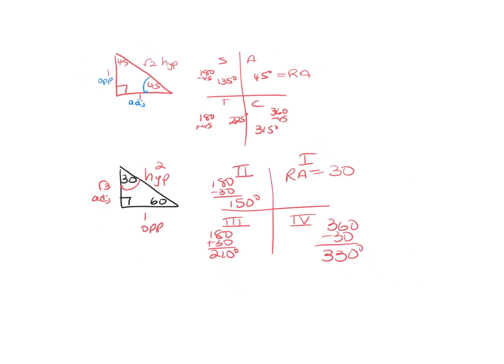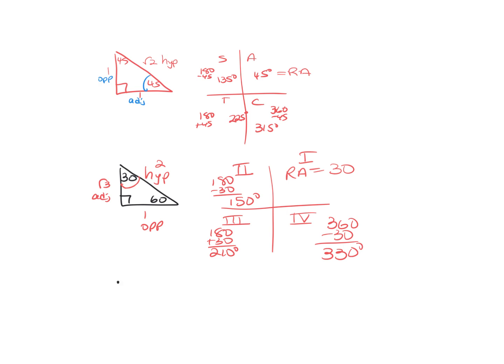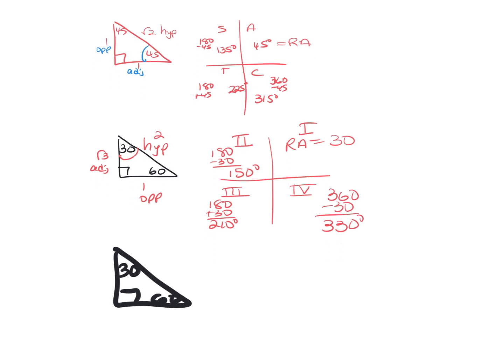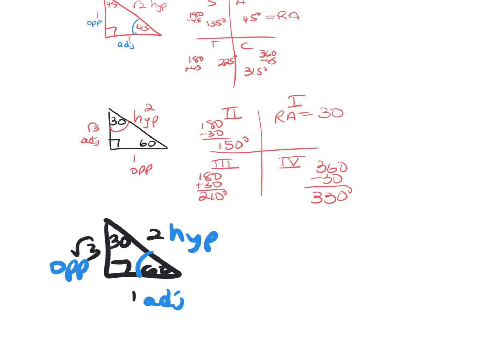Then let's draw the 30, 60, 90. So again, 30, 60, same numbers. However, this time when we label it based off the 60, now the square root of 3 is opposite, this is adjacent, this is hypotenuse. And again, we'll do our same thing.